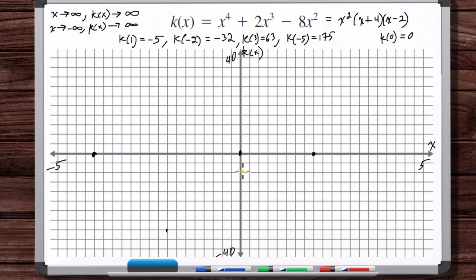Okay. K of 1 is 1, 2, 3, 4, minus 5. So this is minus 4, so just a little bit past. Okay. And then k of 3 is 63. Here is 1, 2, 3, 4.